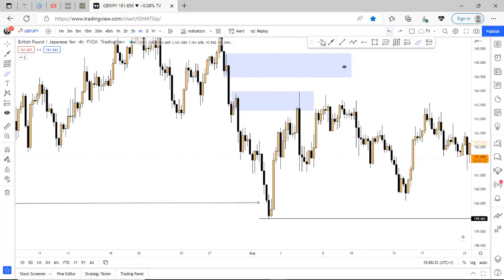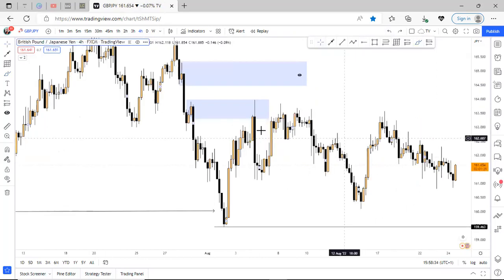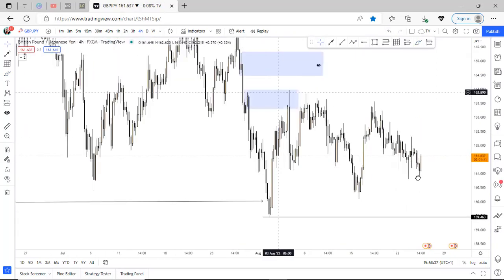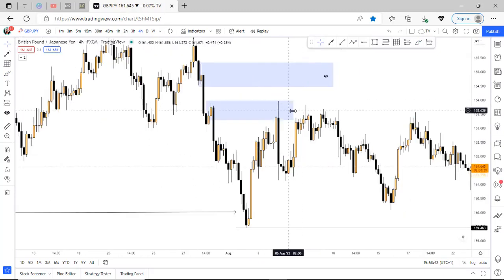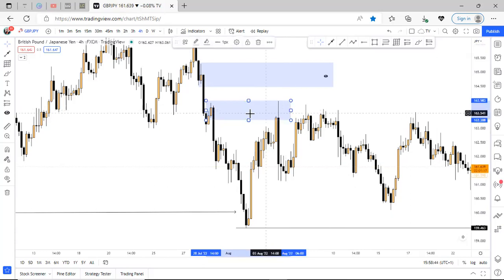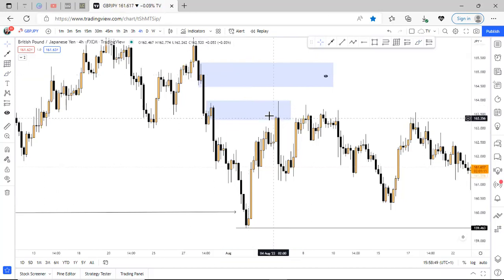Okay, so now at this part, but that notwithstanding, if you have 2 points of interest like this, you can actually still take your trades if you have a confirmation entry. Okay, if there is a confirmation entry, you can actually take your trade from the first point of interest.